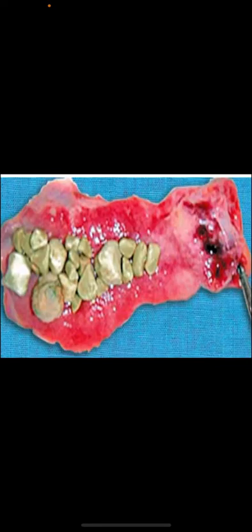Also another pigmented stone here. Here we can see the nidus of the stone due to infection, start of infection here, leading to formation of the stone over a nidus of infection. This is the gallbladder opened and the stones within the gallbladder.